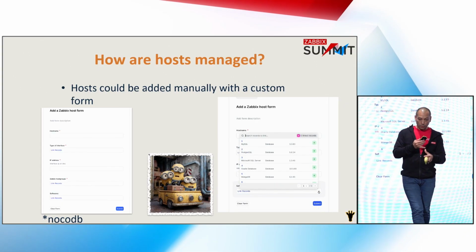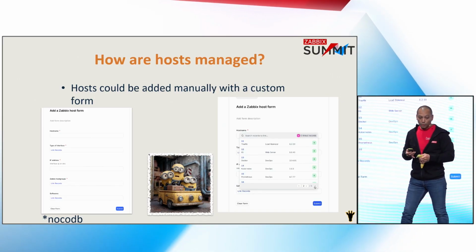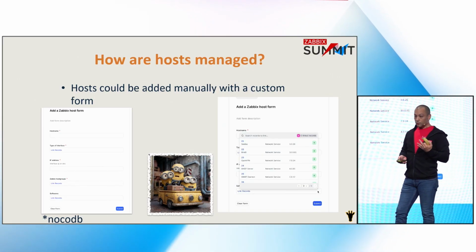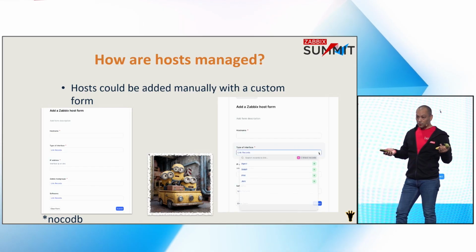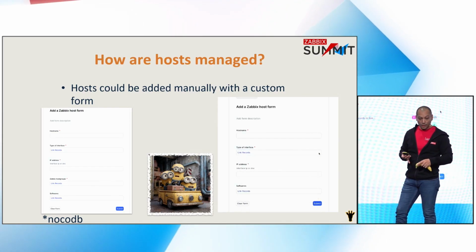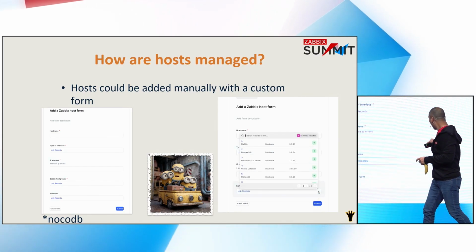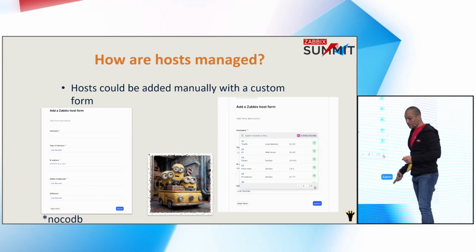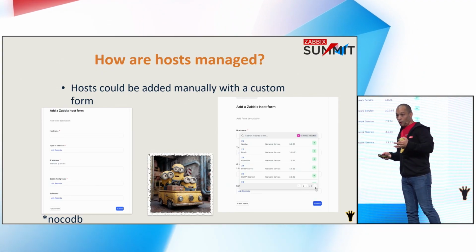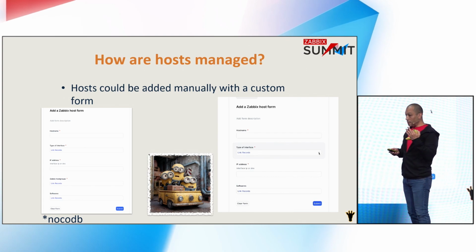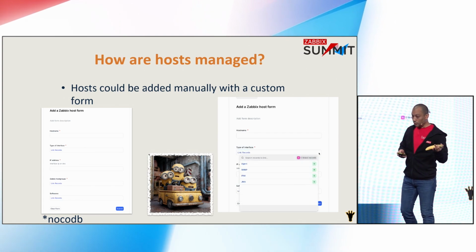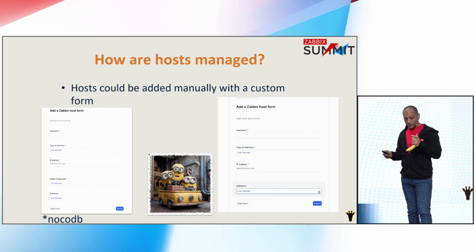We're not talking about SNMP network devices, for example, because we need the metadata for the Zabbix agent in active mode to be registered. So we add the host, you see there is a little video, and we specify the applications installed on it based on the inventory information, and that's it.